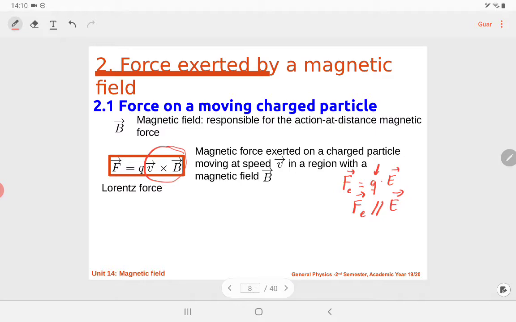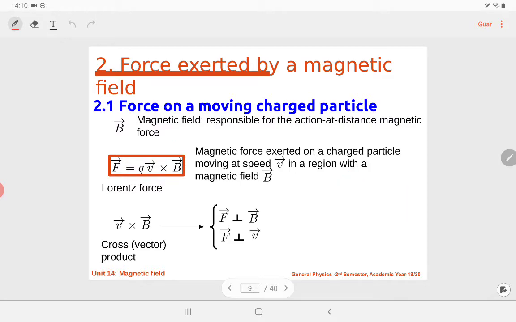But here in the magnetic force, the force is going to be perpendicular to both the velocity of the charge and the magnetic field, because the force is proportional to the cross or vector product. So here you have it.